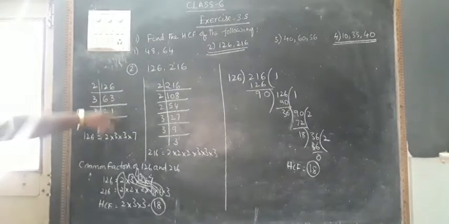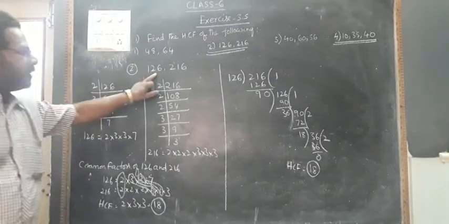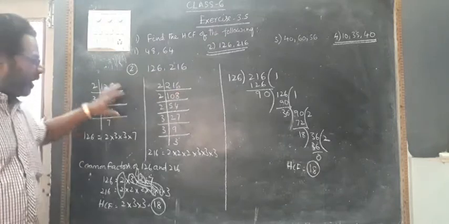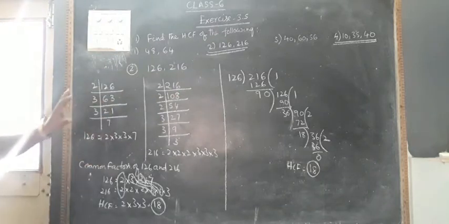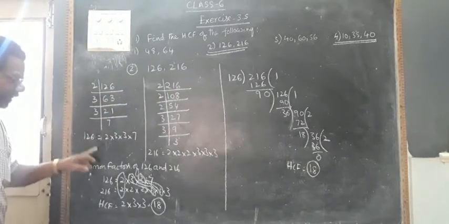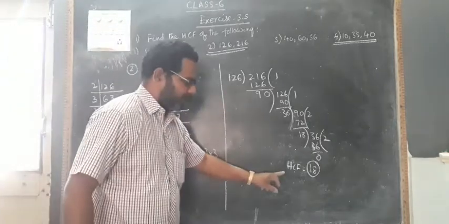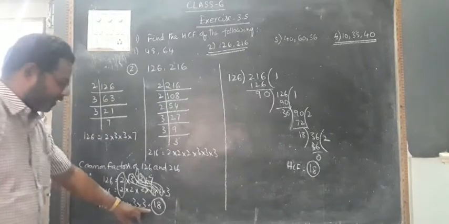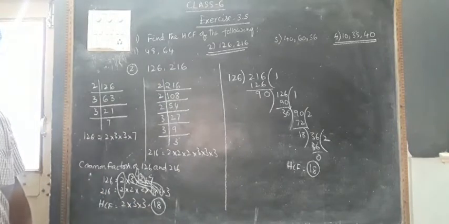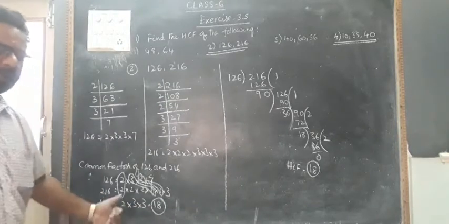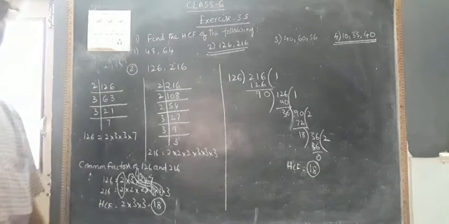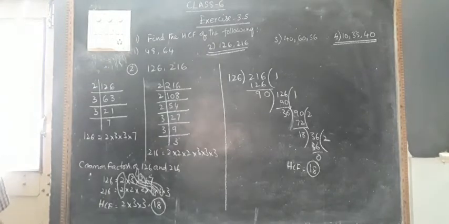Look at the board for the second sum. 126 and 216. I have done this sum. You have to pause the video and try to understand the prime factorization method and division method. In both cases we got 18 as the HCF, highest common factor. Pause the video and note down this one. Try to do it on your own. After that only you have to check this one.